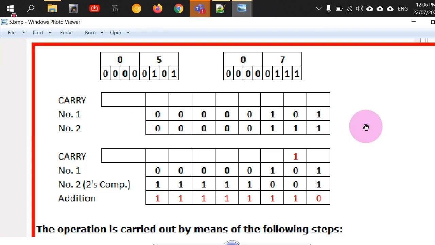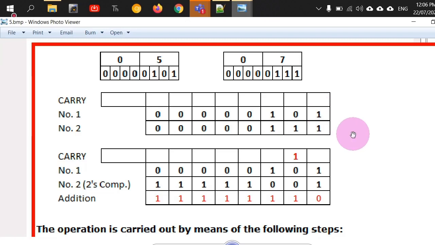I mean, subtraction is addition in two's complement, with the only condition that the first number should be taken as it is in binary, but instead of the second number being taken as it is, you have to take the two's complement of the second number. So if the two's complement of the second number is taken and added to the first number, the result that you will get will be as good as subtracting the two numbers in original form.